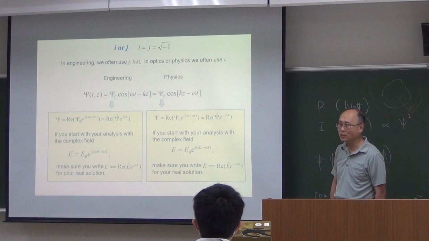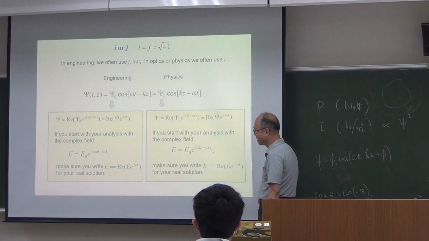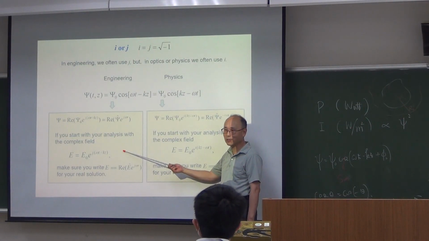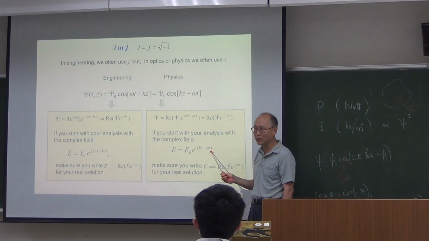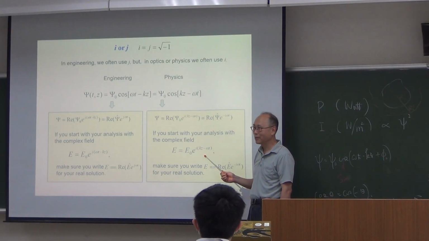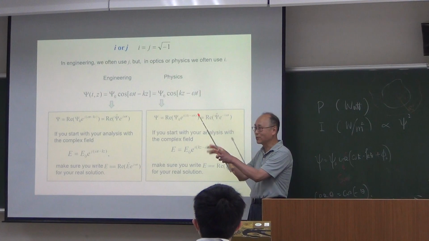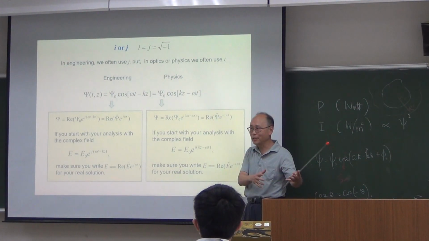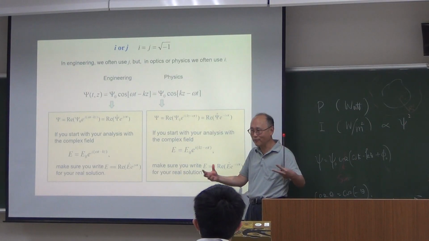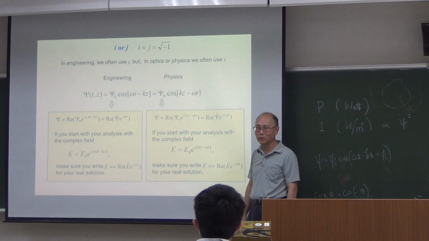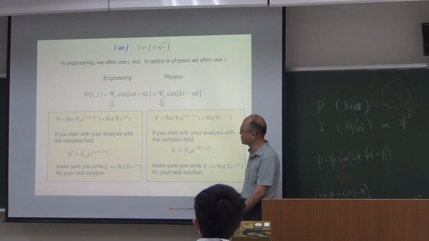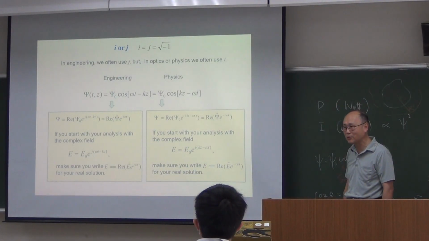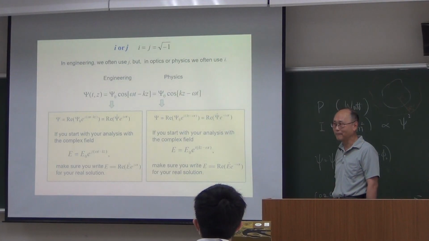Okay, so this is just like you can adopt in the old time an IBM PC, or you can adopt an Apple, the Macintosh computer, and then after you have the result from your simulation, then you put it into your machine and then fabricate something for the real world. Okay, but you have a choice to use IBM PC, or you have a choice to use the Apple Macintosh computer.